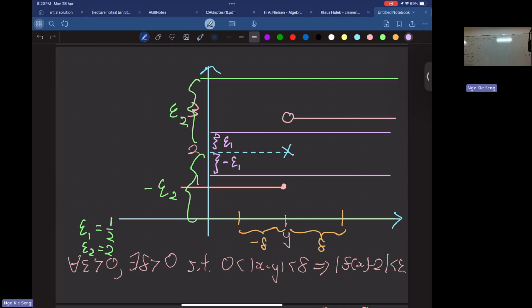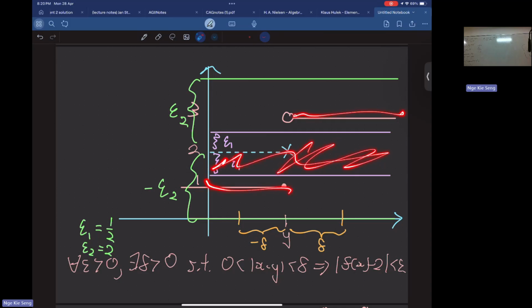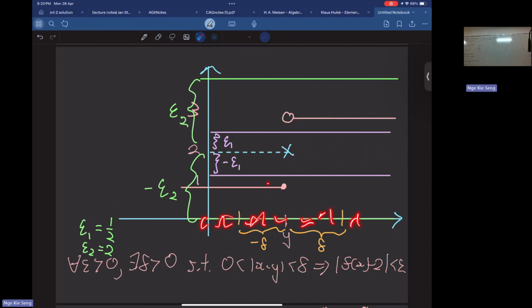Can you pick any delta such that your f(x) lies in this range or not? You can see that your f(x) will lie outside the range. There's no delta you can pick such that f(x) lies inside this range here.